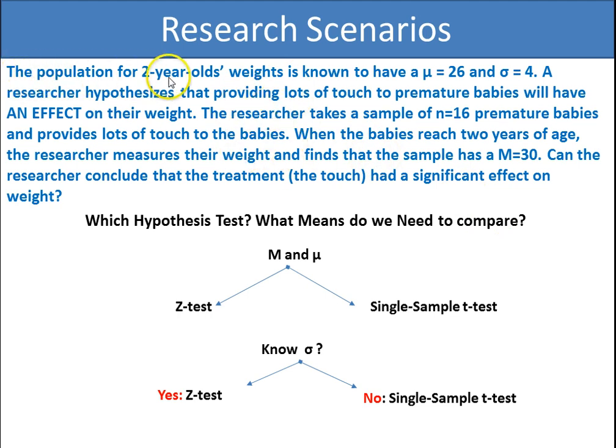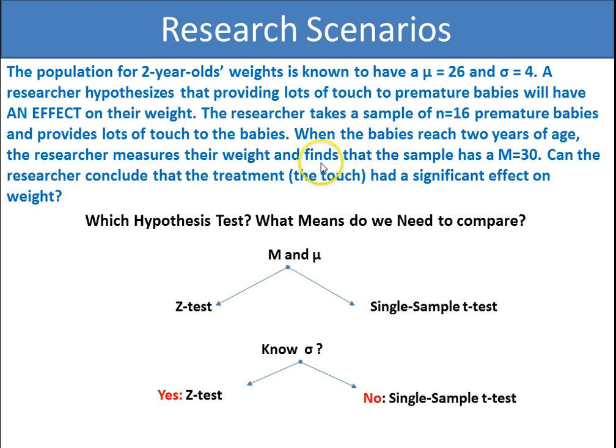The population for 2-year-olds' weights is known to have a mean of 26 and a standard deviation of 4. A researcher hypothesizes that providing lots of touch to premature babies will have an effect on their weight. The researcher takes a sample of n equals 16 premature babies and provides lots of touch to the babies.